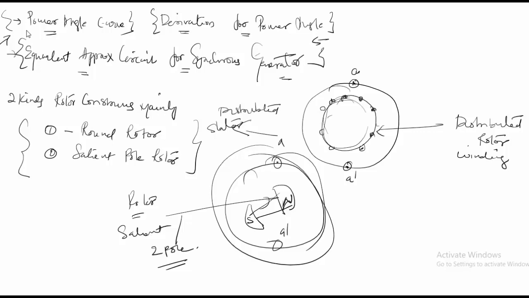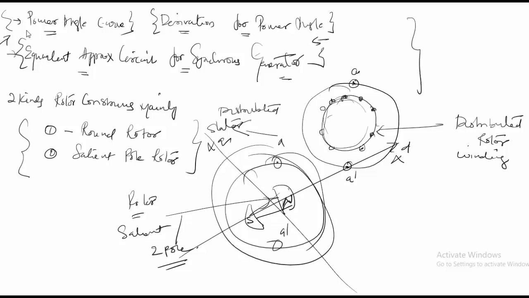So this will have a direct axis which can be shown by D and a quadrature axis at 90 degrees to that. So there will be two reactances, XD and XQ.